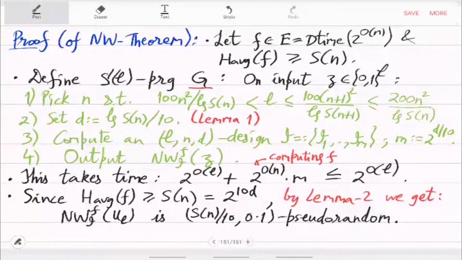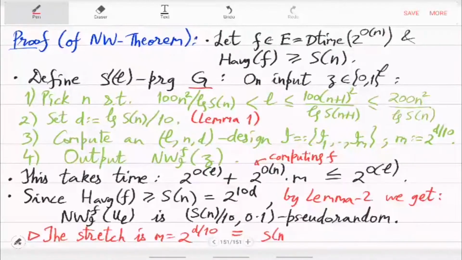Okay, so we have a pseudo random distribution, and we have a PRG, which is this NW map. It is stretching L to M. How much is the stretch? The stretch is 2 raised to D by 10, which is again S of n to the 1 by 100.